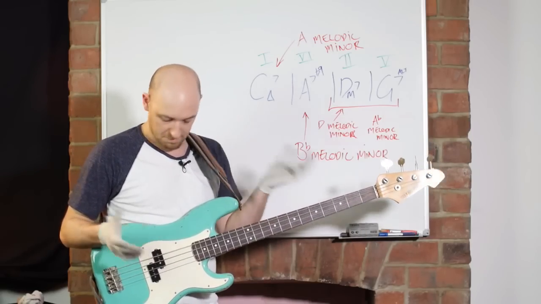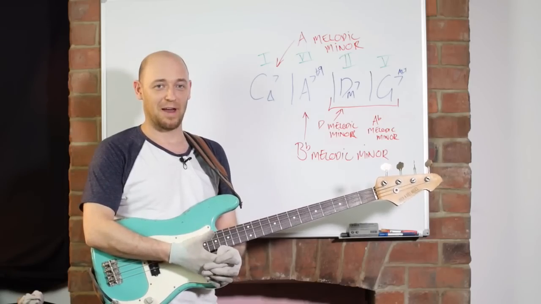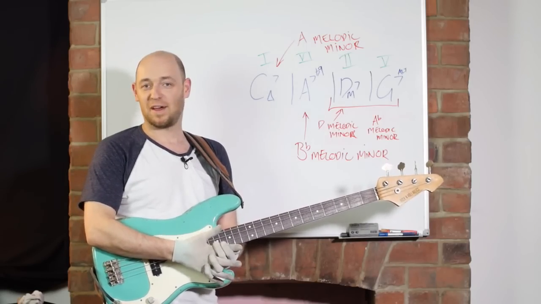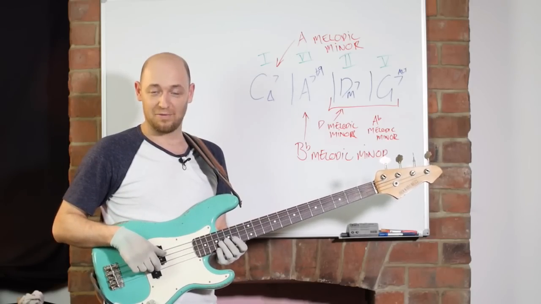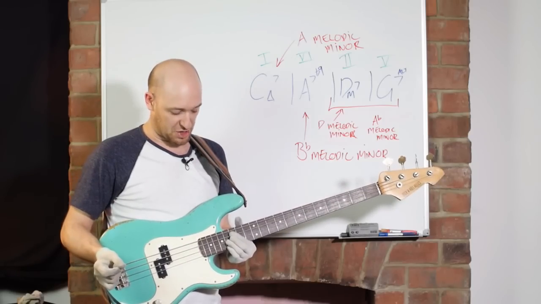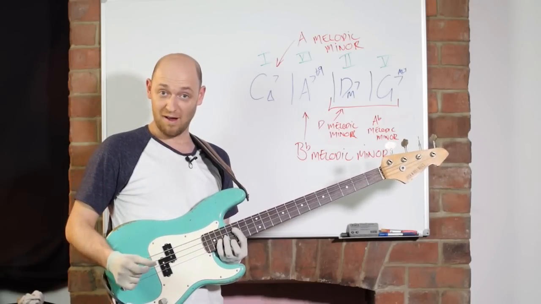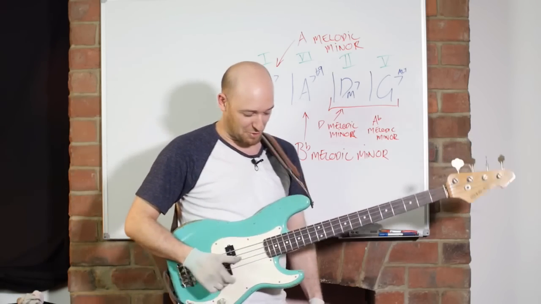Okay, so it's just C major, right? But you can use A flat melodic minor over that C major. And what that gives you, okay, is a sharp 11, this sound, and a sharp 5, which is this sound. That sharp 5 is always surprising.